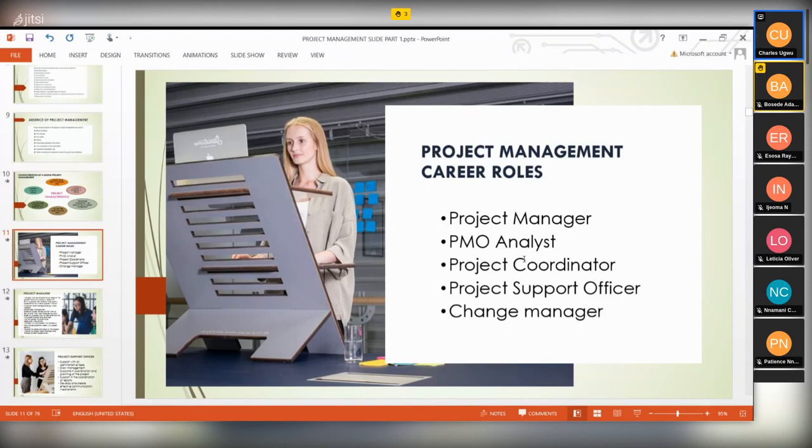PMO is a project management officer. A project management officer is different from a project manager. The role of a project management officer is that they are the police of the project.